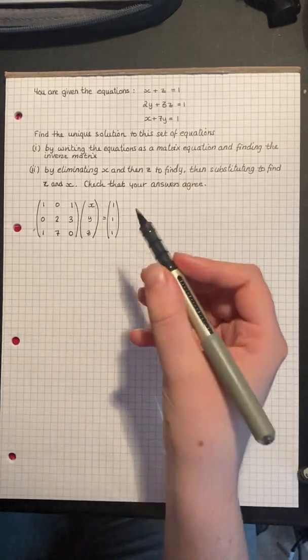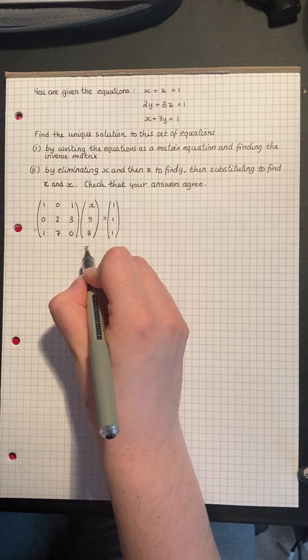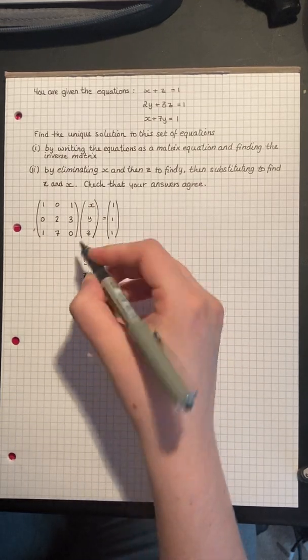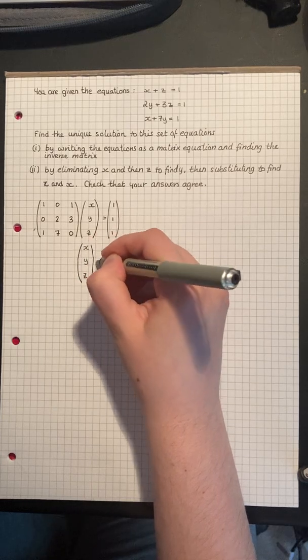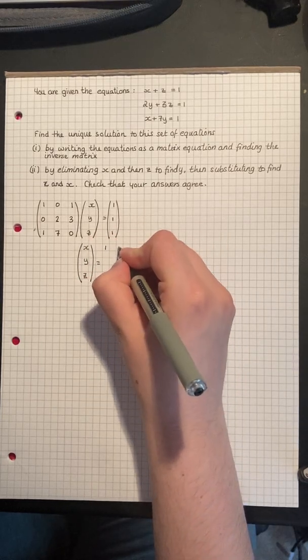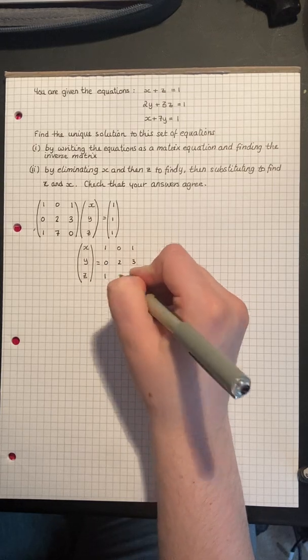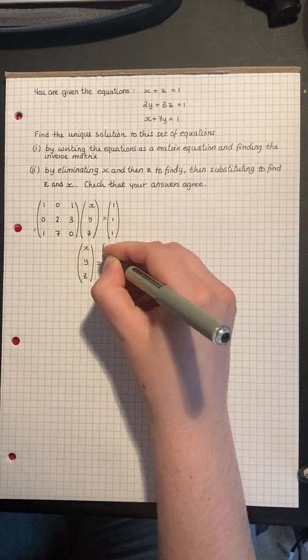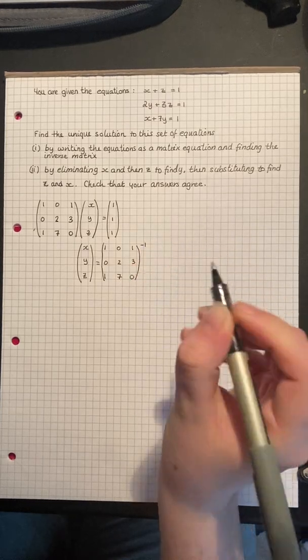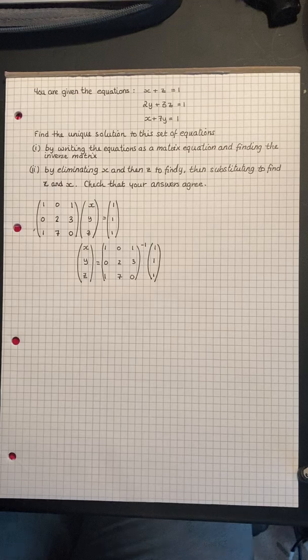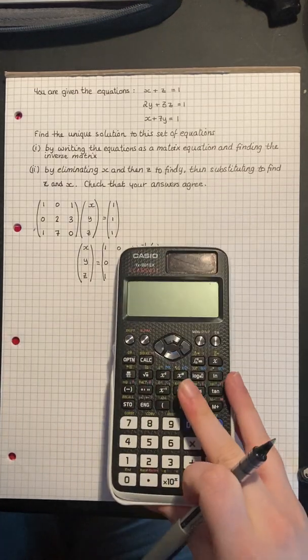So we multiply both sides by the inverse of that, so it's the inverse of that times 1, 1, 1. Okay, and I'm going to get a calculator to do that.